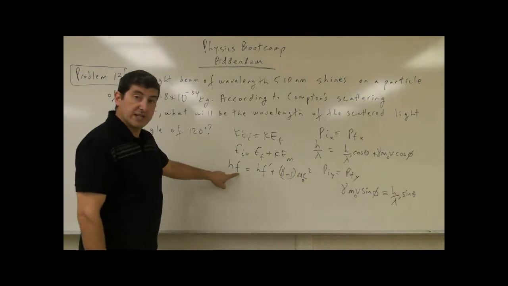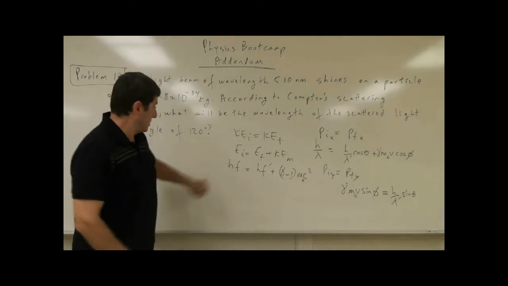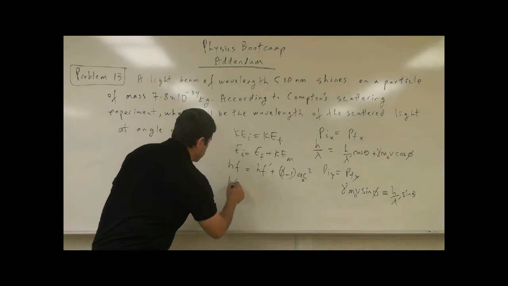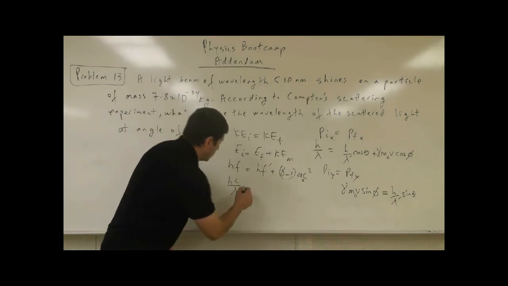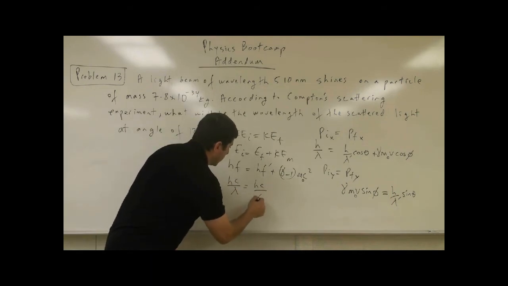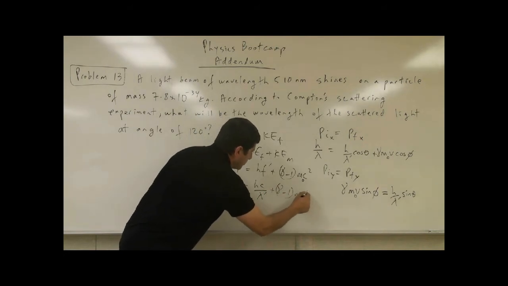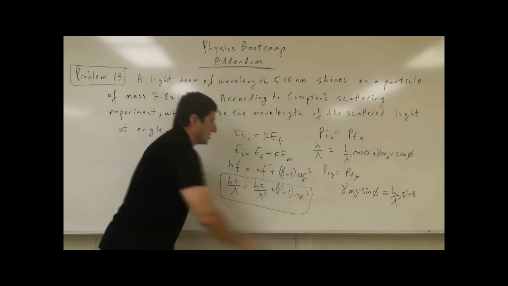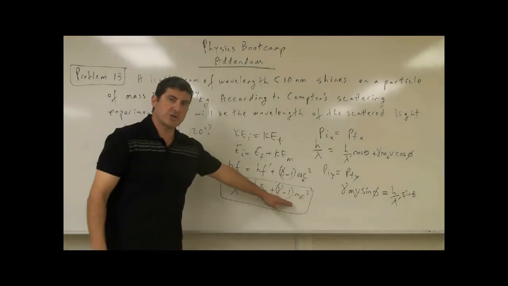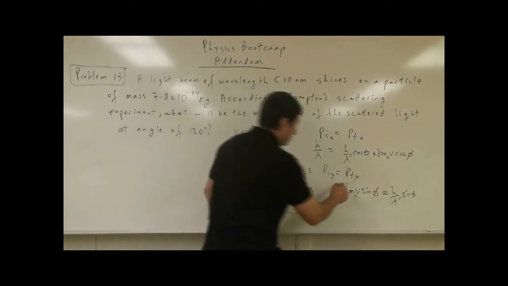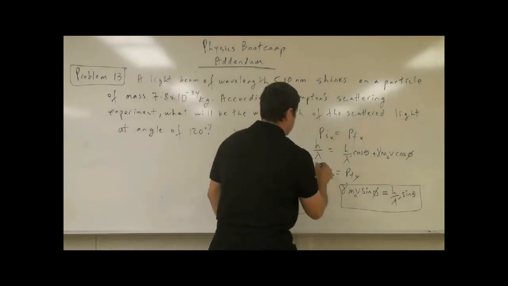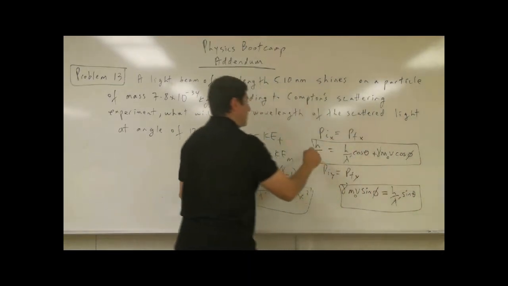Now, let's relate this to the wavelength. The energy is hc over lambda, and this is equal to hc over lambda prime plus gamma minus 1 m0 c squared. So here are my equations: kinetic energy conservation, momentum conservation in the y direction, and momentum conservation in the x direction.